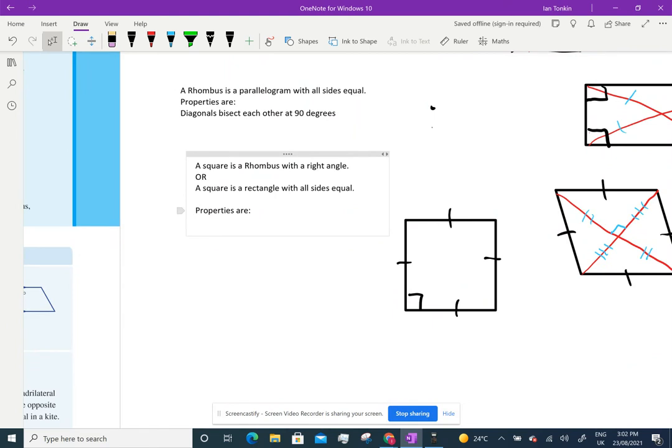So the other properties are that the diagonals are, well, we don't need to write any. They're all above. It has all the properties of all the quadrilaterals because it's every single quadrilateral. It sits inside everyone's circle.